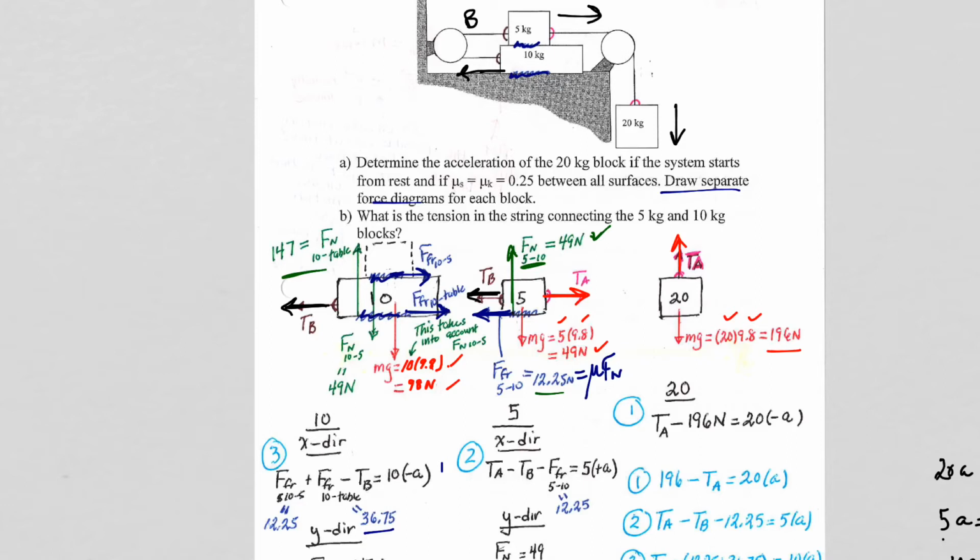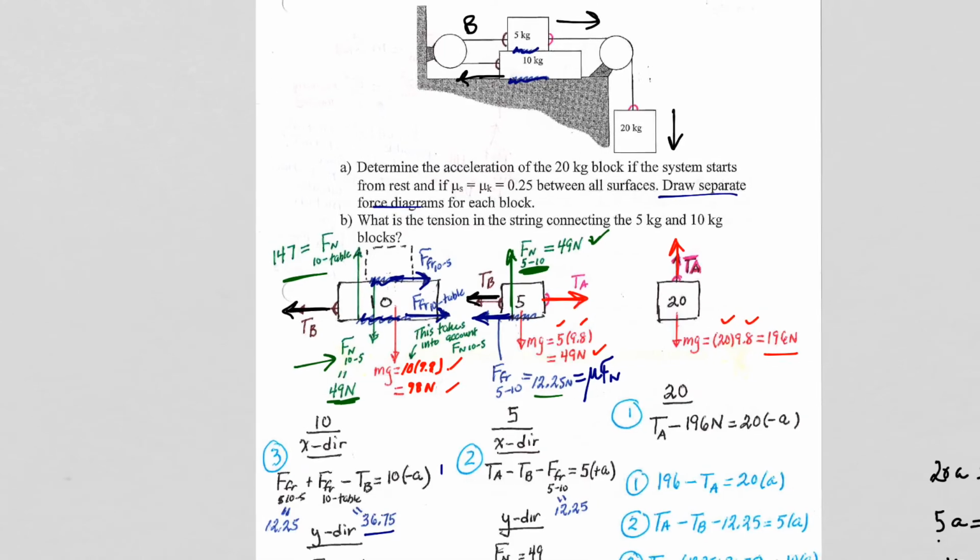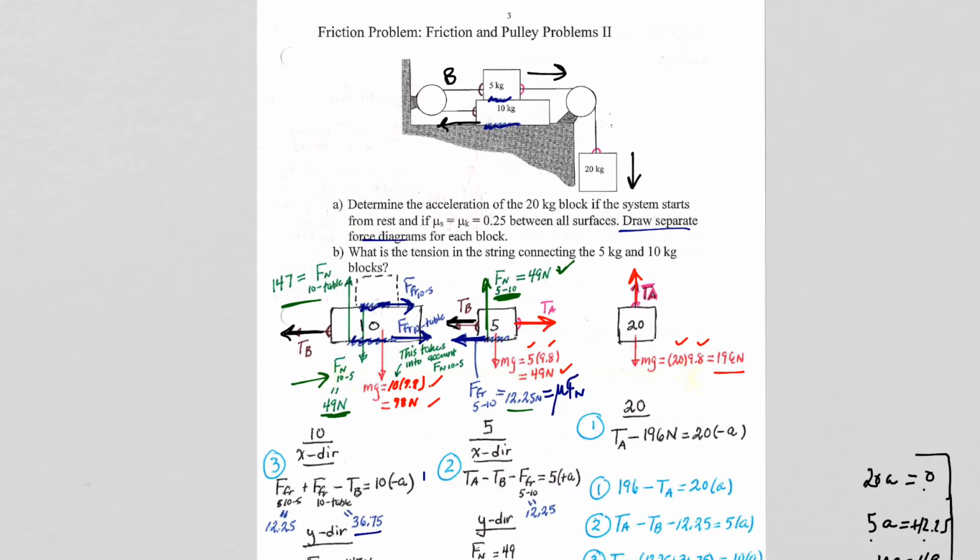So we saw from our 5 kilogram block there was a force on 5 by 10. That means there had to be a force on 10 by 5, equal magnitude, opposite in direction, and that's the 49 newtons we have here. So the normal force on 10 by the table has to not only support the 98 Newton weight force, it also has to support that additional force pushing down on block 10 of 49 newtons.